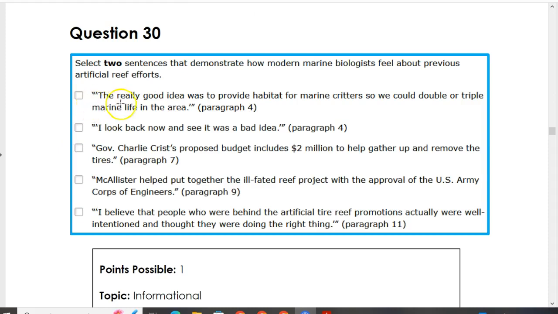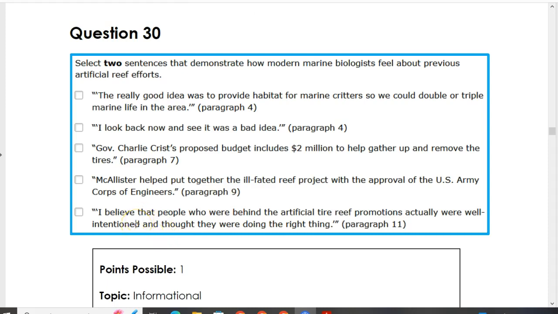So number 1, raise your hand if you had that one. The really good idea was to provide habitat for marine critters so we could double or triple marine life in the area. 2, I look back now and see it was a bad idea. 3, Governor Charlie Christ's proposed budget includes $2 million to help gather up and remove tires. 4, McAllister helped us put together an ill-fated reef project with the approval of the U.S. Army Corps of Engineers.